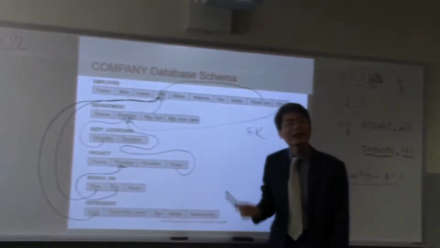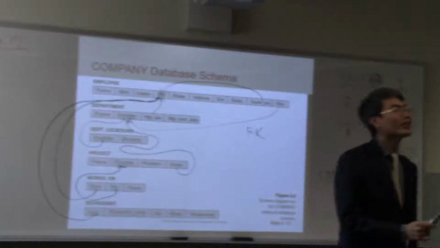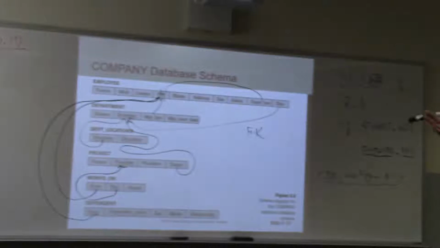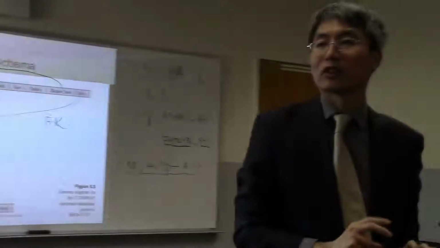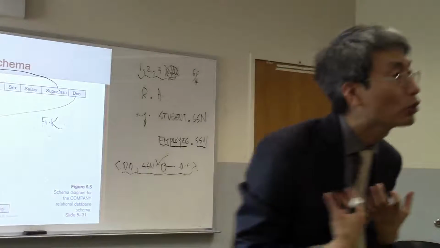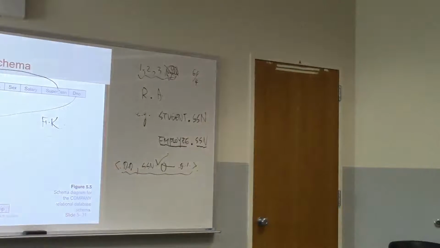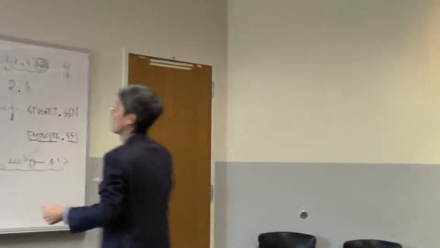Also, because of this referential integrity, foreign key, it is very easy to manage very large data. We can segment. We can make the entity. Then when we need to access the data, we can later combine.